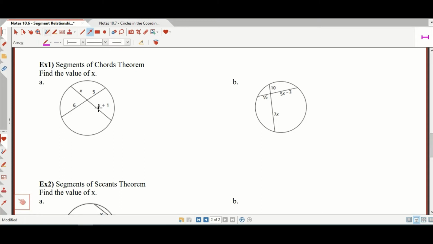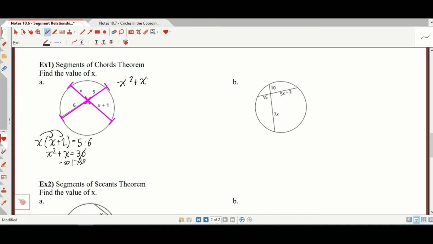Since these two chords intersect, I know that this segment multiplied by this segment is equal to this segment multiplied by this segment. That is, x times x plus 1 is equal to 5 times 6. Distribute. x squared plus x equals 30. Now this is a quadratic, so let's get it equal to 0: x squared plus x minus 30 equals 0.